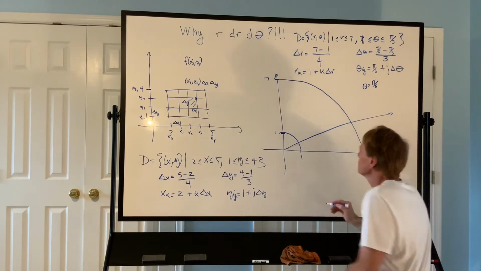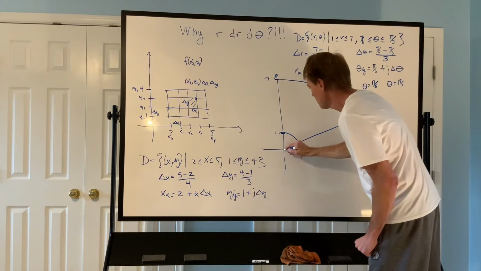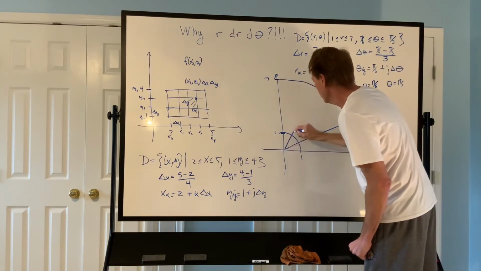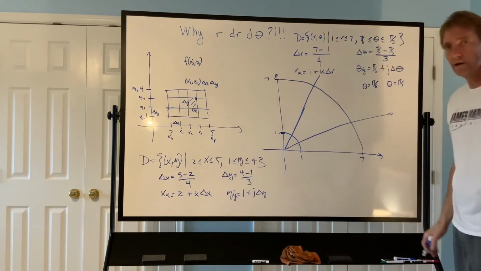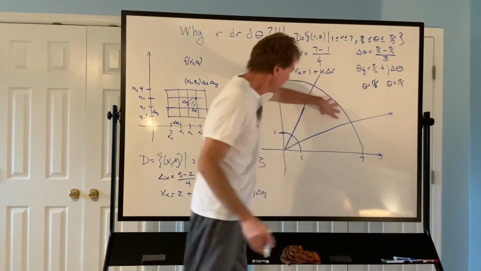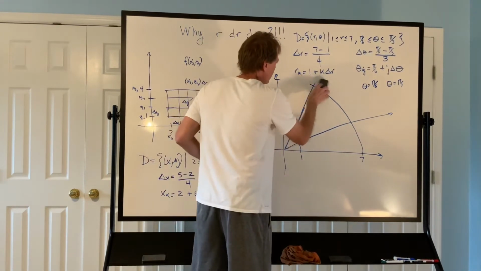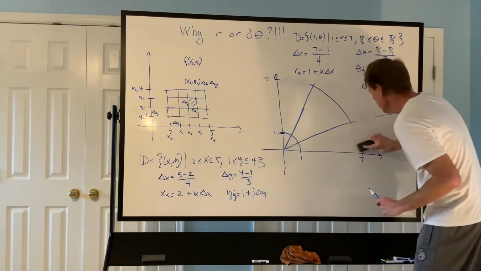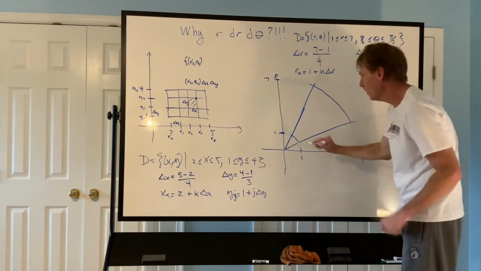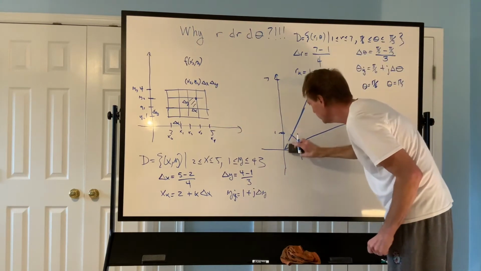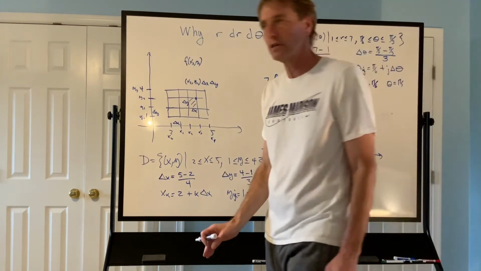And then at theta equals pi over 3, r is allowed to do whatever it wants, and we end up with something like this. And now this piece in here, and if you're not seeing that, you better go watch that video, this piece in here is like the domain we're talking about, this slice of cheese.